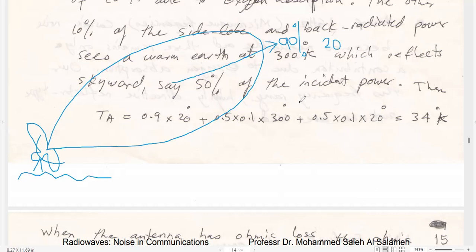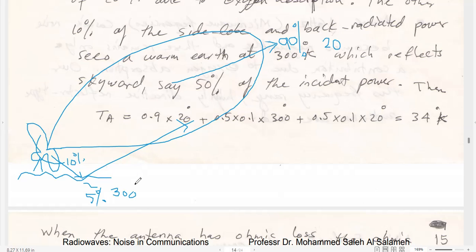And this side lobe is radiating towards the earth. It is radiating 10% of the power, the side lobe and the back lobe. Now the earth absorbs 5%, and 5% is reflected towards the sky. The earth has a temperature of 300 degrees Kelvin.